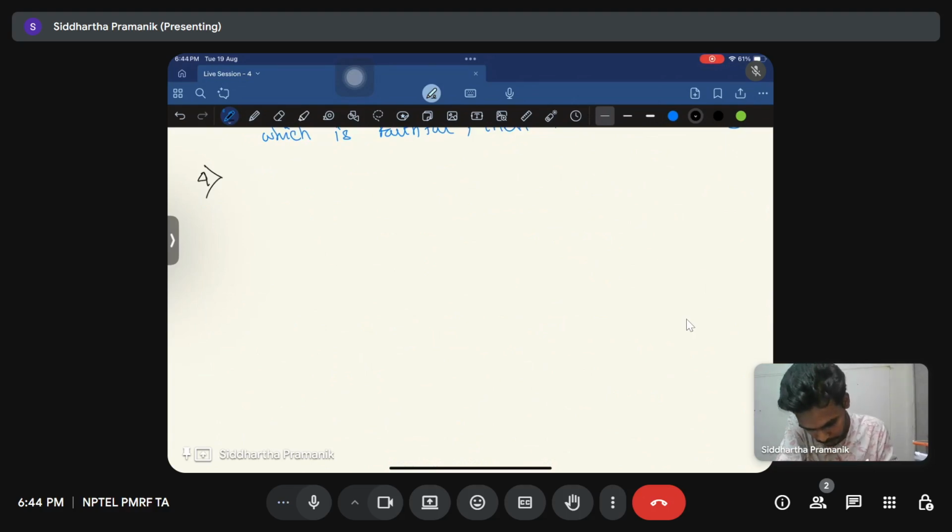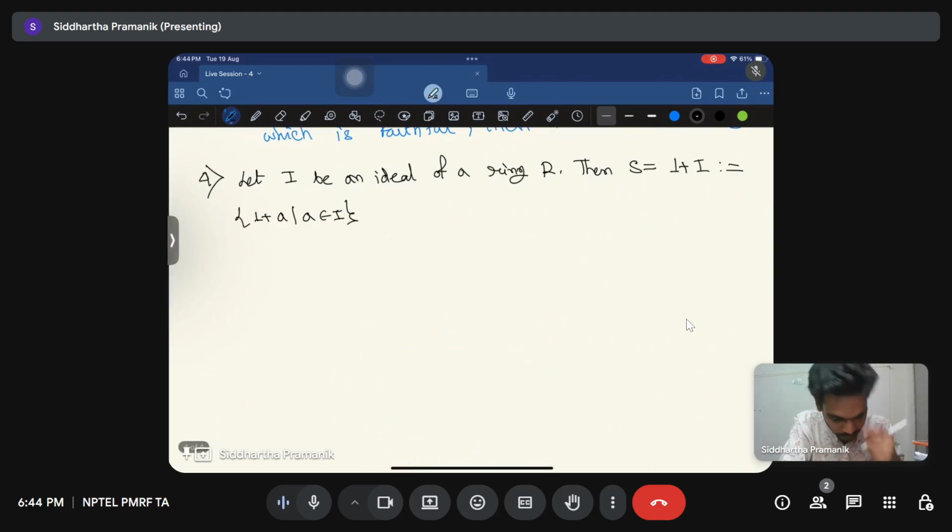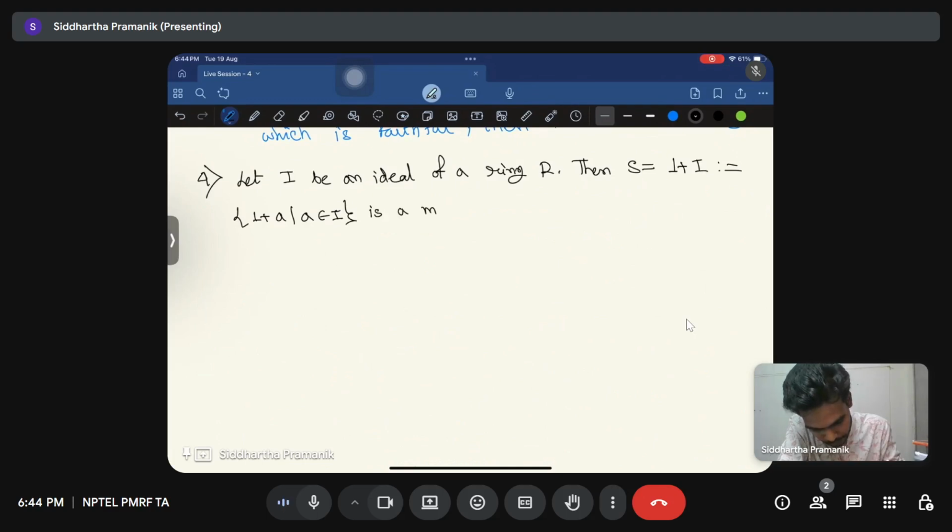Okay, so let I be an ideal of a ring R. Then the set S, which is defined as 1 plus I, that is, the set of 1 plus a such that a belongs to I, is a multiplicative subset of the ring R. First of all, we have to prove that this is a multiplicative subset.